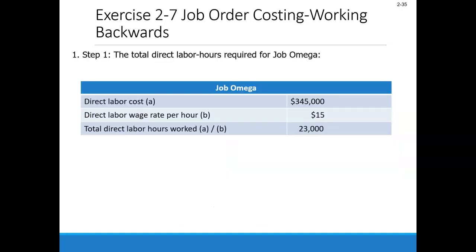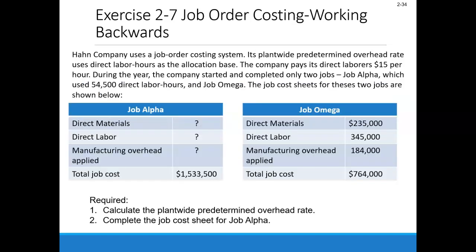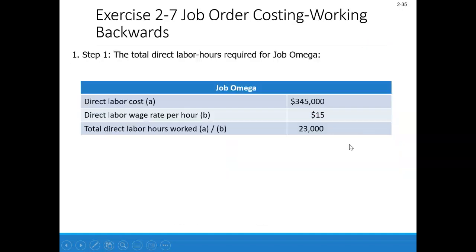So if we take the direct labor costs for Job Omega, you see this 345,000? And we can tell how many actual hours were worked because we know it's $15 an hour. So if we take the 345,000, divide that by $15 an hour, we then know how many actual direct labor hours were worked for Job Omega.